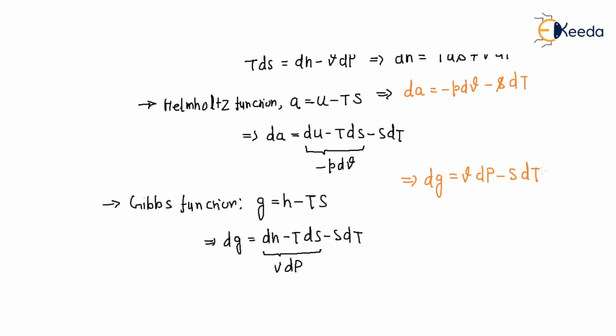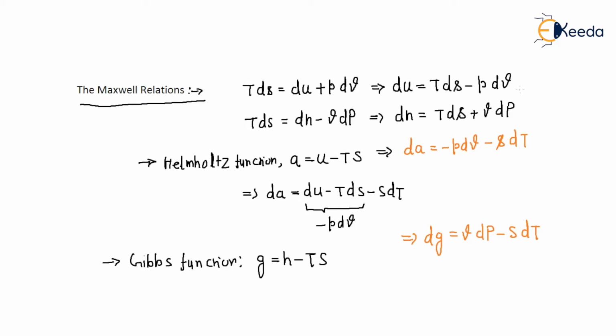So you have four equations: first, second, third and fourth. So you have four relations.